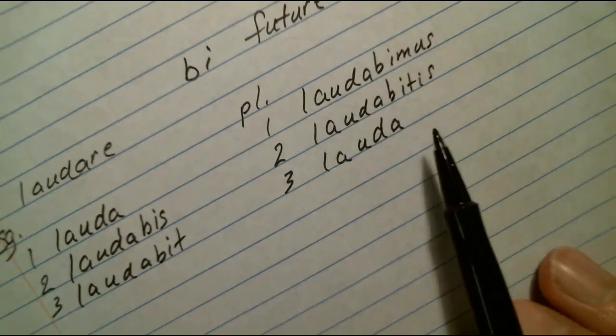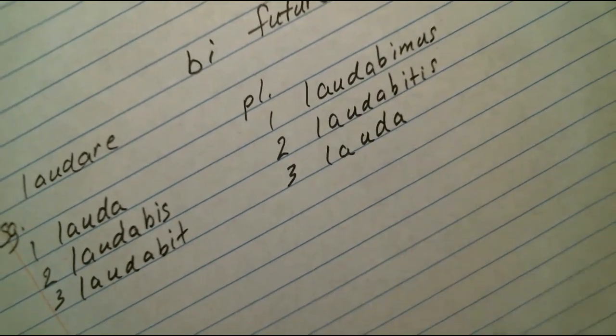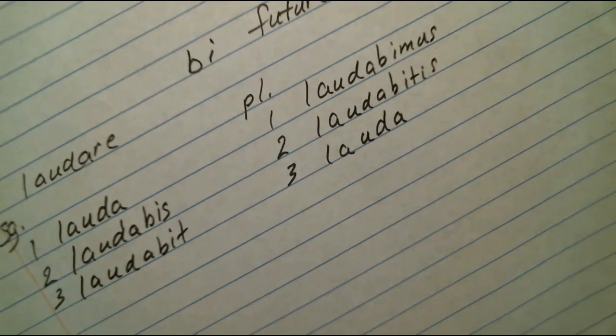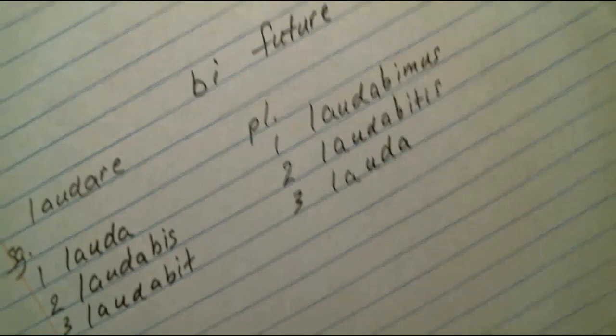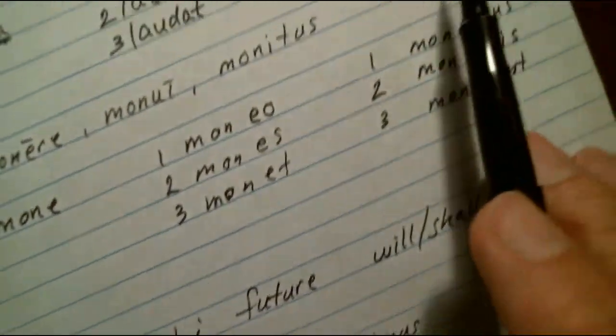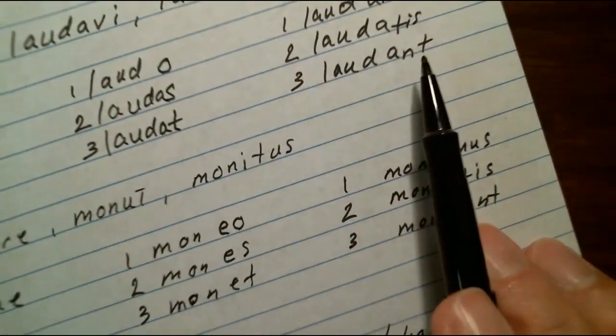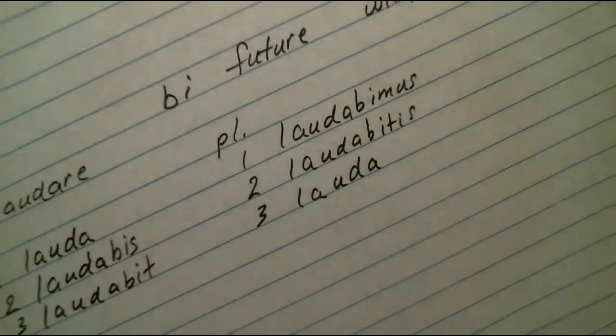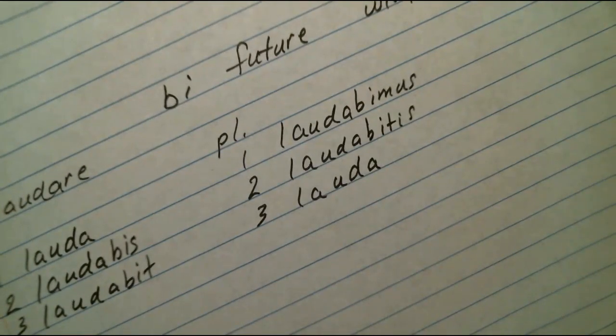Now when we get to the third person plural, we're going to want to say biunt, right? Because we have to add that -nt for the third person plural. But when you get an i next to a nasal like an n, it's going to change to a u, right?